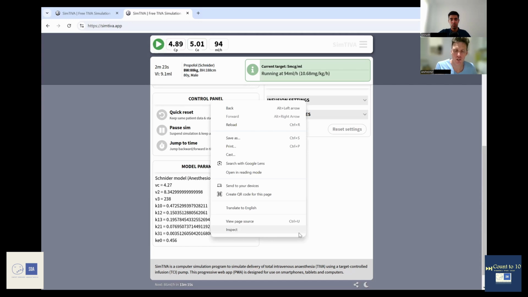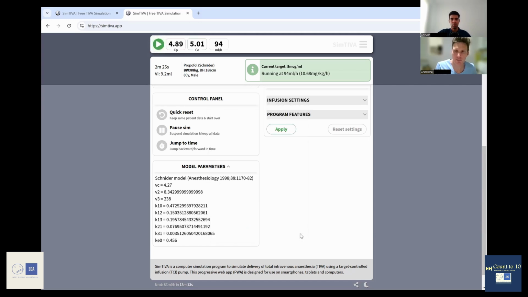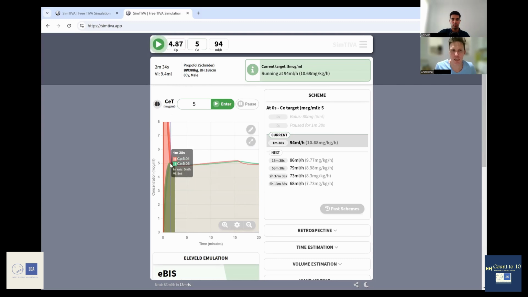In Schneider, you're targeting the plasma concentration at the time to peak effect. So the relevant volume of distribution is the volume of distribution at the time to peak effect. The VDPE is going to be a higher number than the V1. V1 is the smallest, initial volume of distribution.